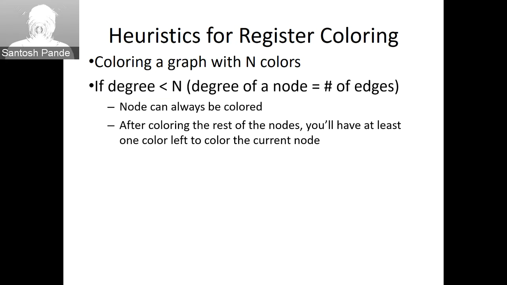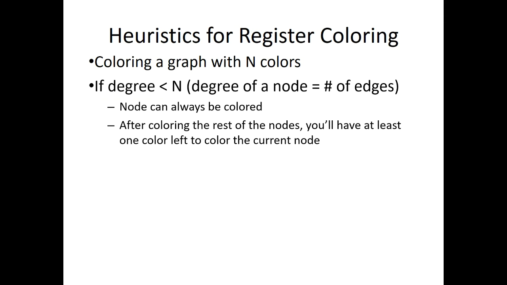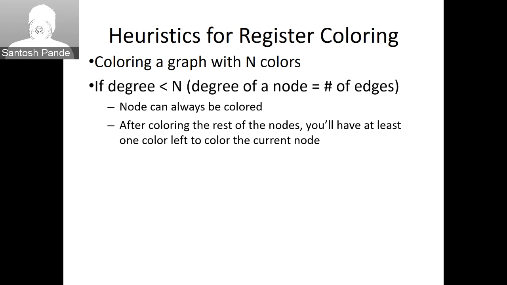Now this particular coloring step is also called a simplification of the graph, trying to find out which of the nodes of the graph will always get a color. So the observation is this: if the degree of a node, which is the number of edges on that node, is less than n. What is n here? n is the number of registers. So if the degree is strictly less than n, you can see that this node can always be colored.